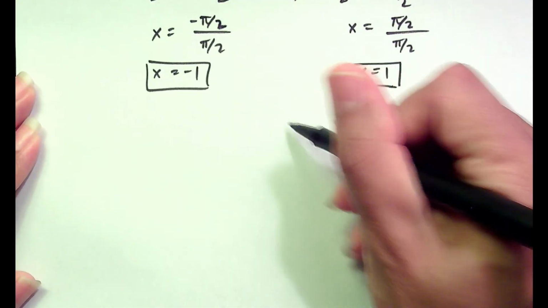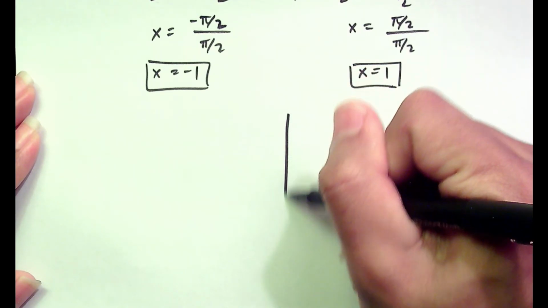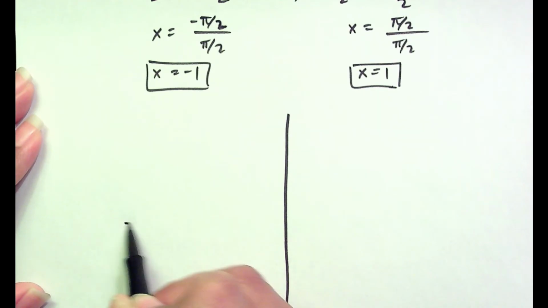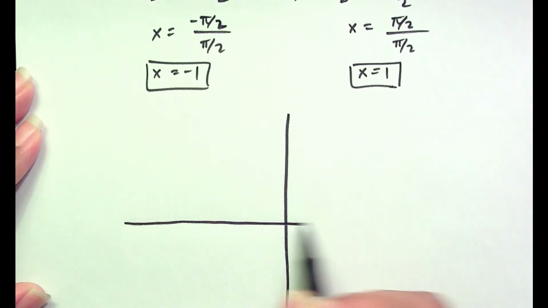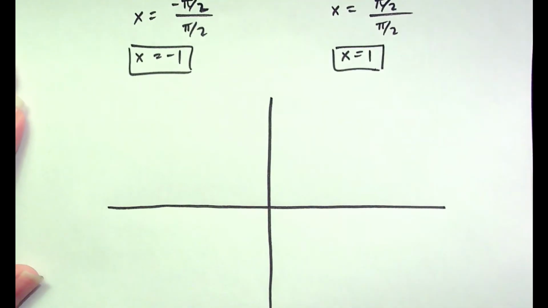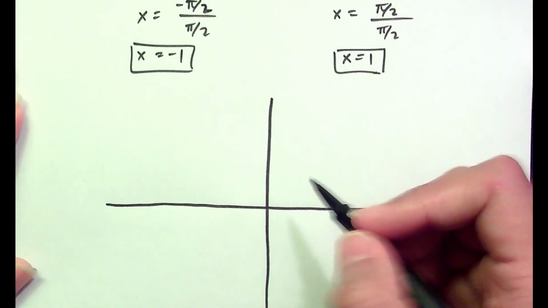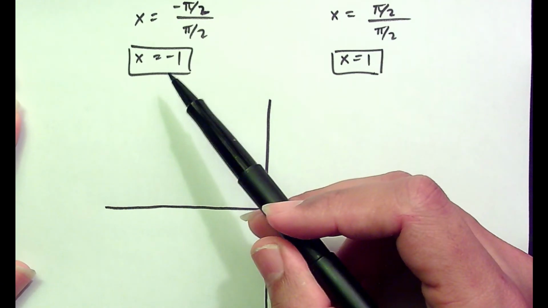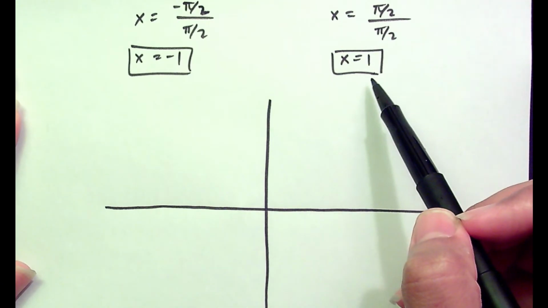So let's draw our axis. Okay, we're going to have an asymptote at x equals negative 1, and we're going to have the other asymptote at 1.